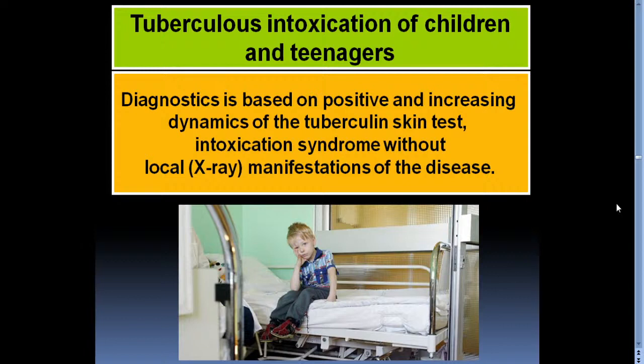That's why for this form of TB, symptoms of intoxication are characteristic, local changes are absent. We cannot find any changes on X-ray. Only intoxication syndrome is present.